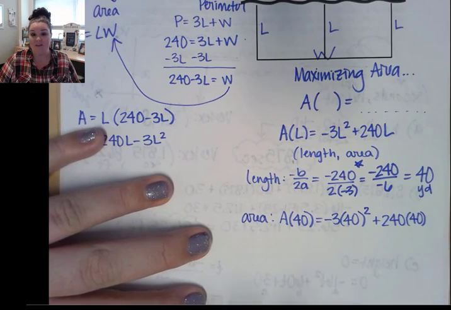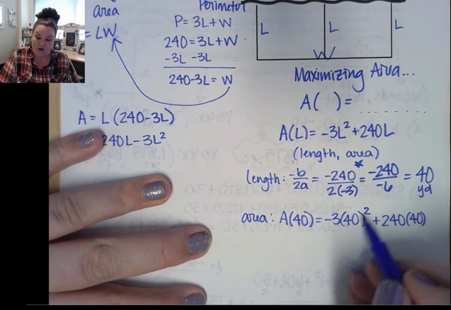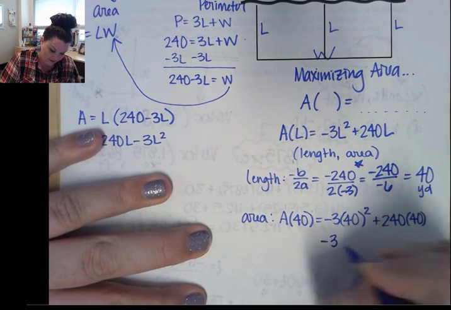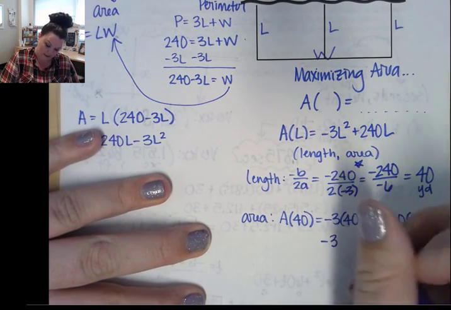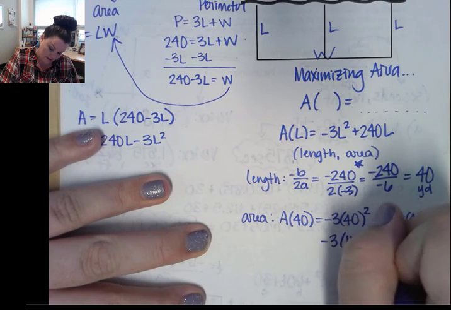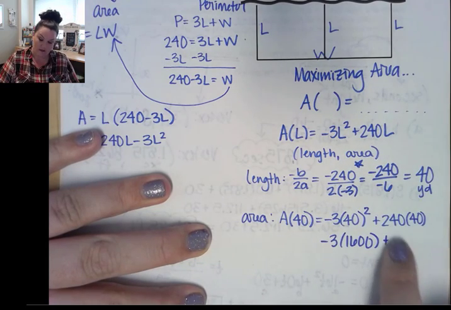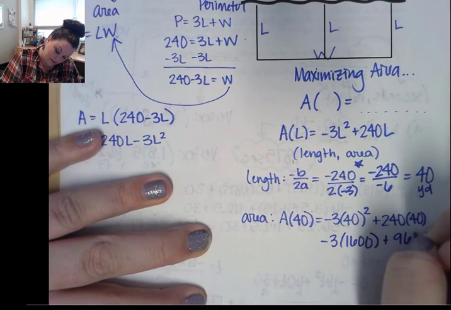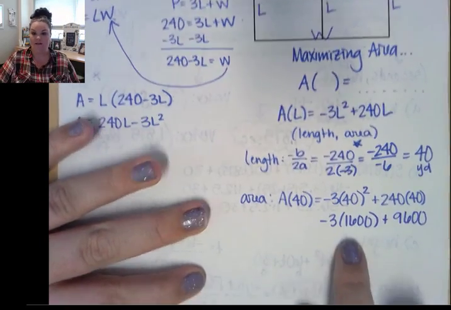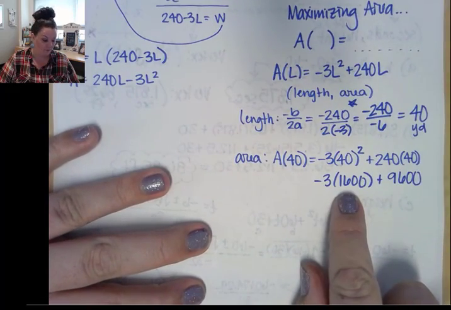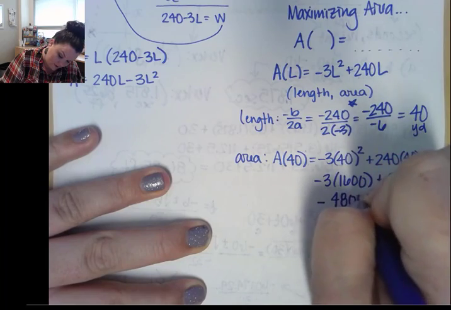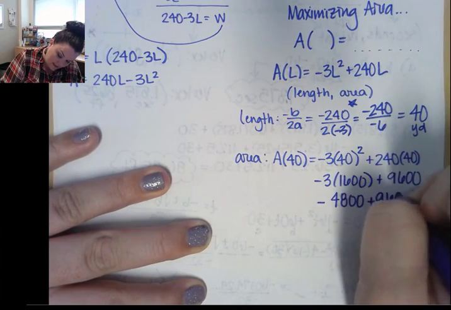Now we just need to figure out what that maximum area is. We do our square before we do our multiplication. So this gives me negative 3 times 1600 plus 240 times 40, which gives me 9,600. Then I multiply my negative 3 and my 1600, which gives me a negative 4,800, plus that 9,600.